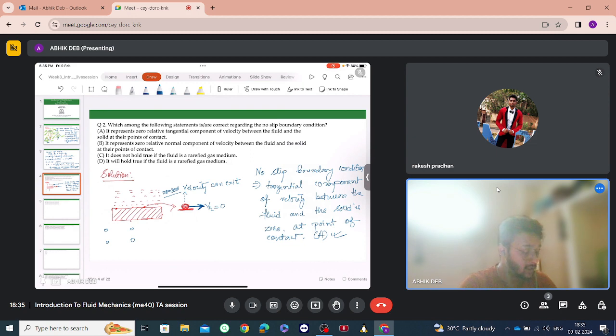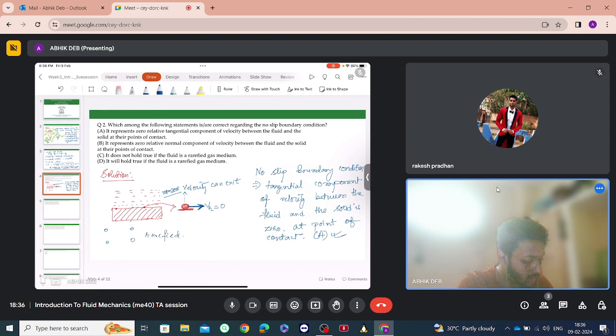In that case, the momentum exchange, which in a rarefied gas medium replaces the intermolecular force of attraction, will not be sufficient if the particles are very far away from each other.